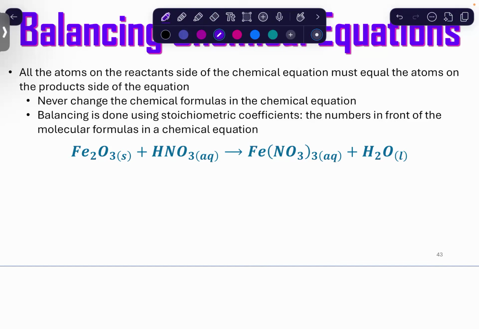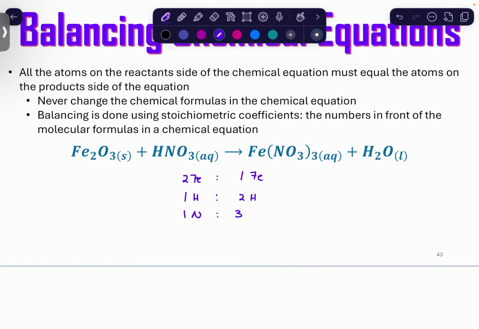Okay, let's work on balancing this. So I'm going to start and take account of what I have. I have 1 iron on the left, 1 iron on the right. On the left, I have 1 hydrogen. On the right, I have 2 hydrogens. On the left, I have 1 nitrogen.